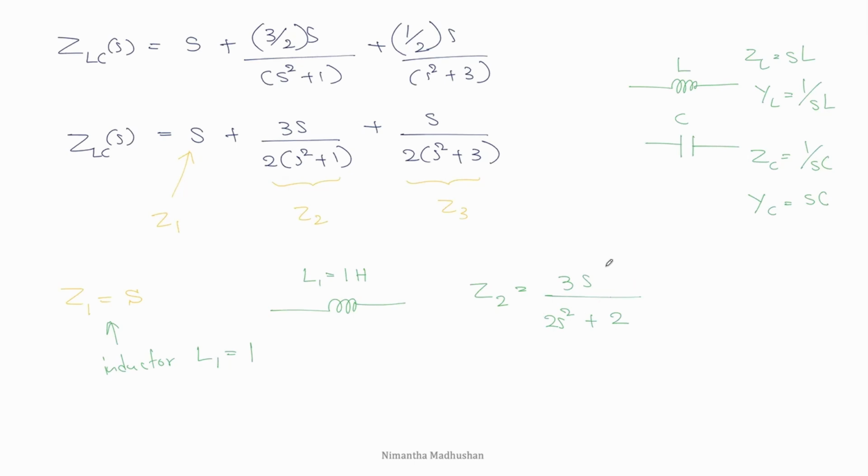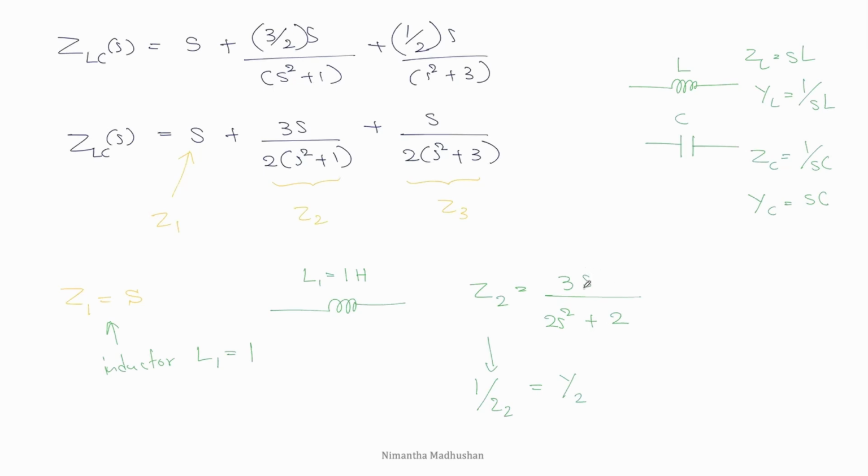Now we can't easily find what are the components denoted by these terms, so I consider the 1 over Z2 value, that means admittance value Y2. If I consider Y2, it is 1 over 3S over 2S square plus 2.